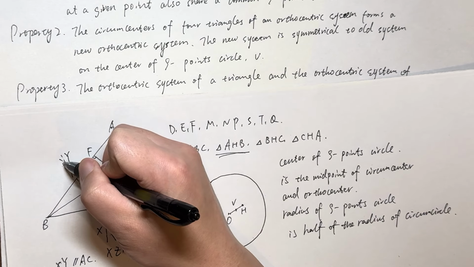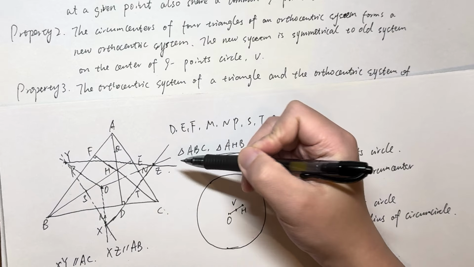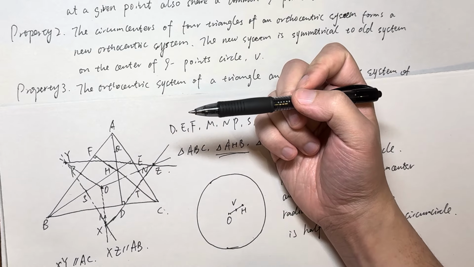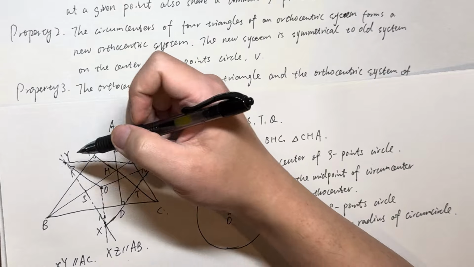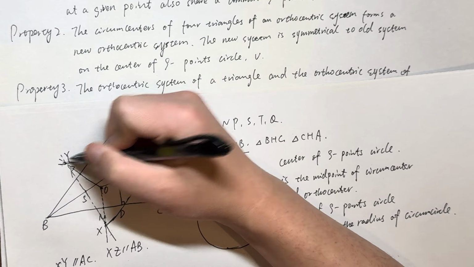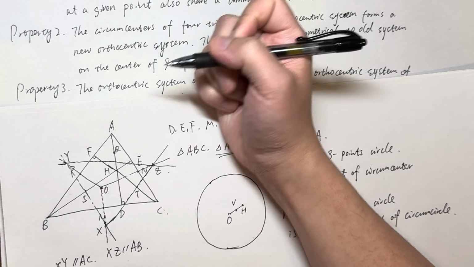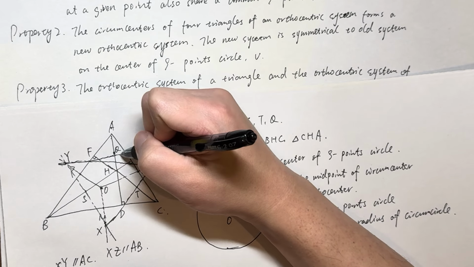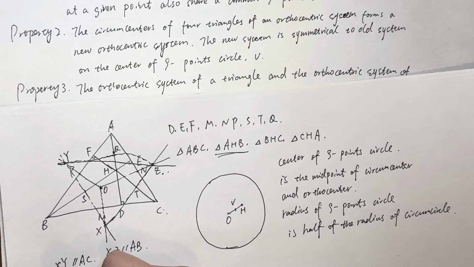Similarly, if we connect YZ, we know that, I think I didn't draw it correctly, right? YZ has to pass through the Q point. Yeah, I didn't draw it correctly. But we know that YZ is also parallel with BC.